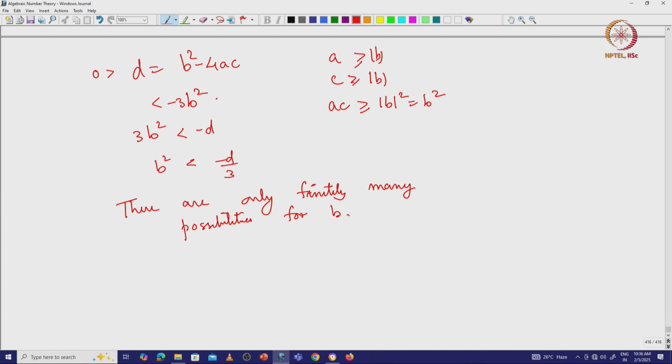Right. And now you have again D equal to B squared minus 4AC, which means that 4AC is equal to B squared minus D, and this is a positive integer, right.